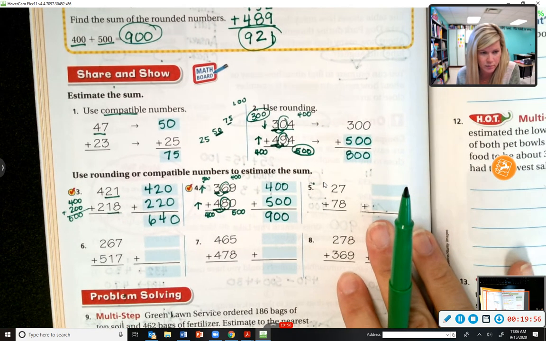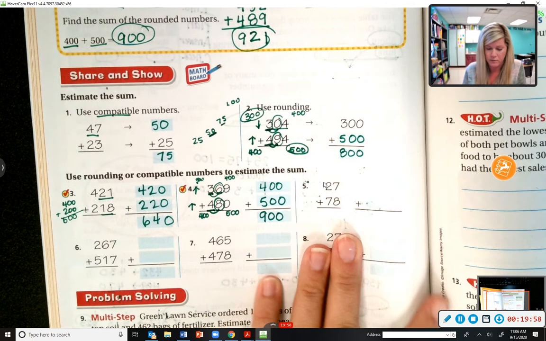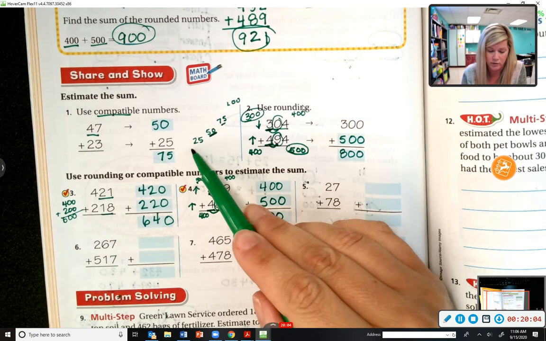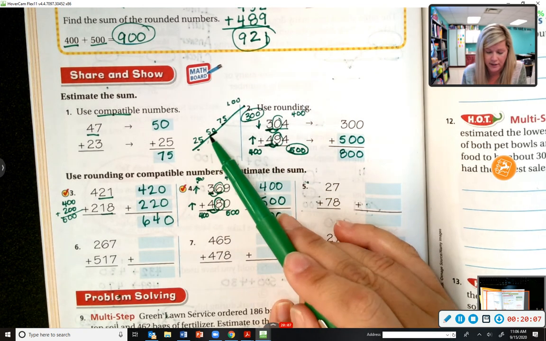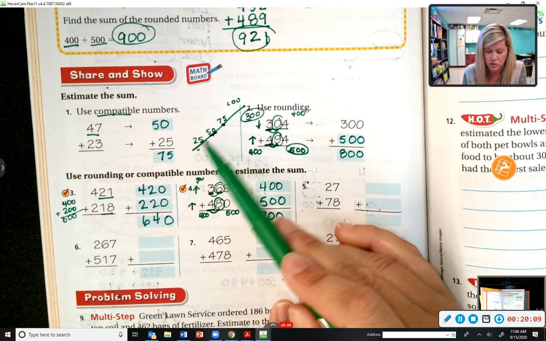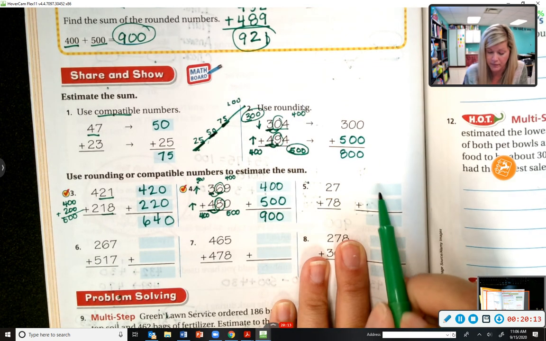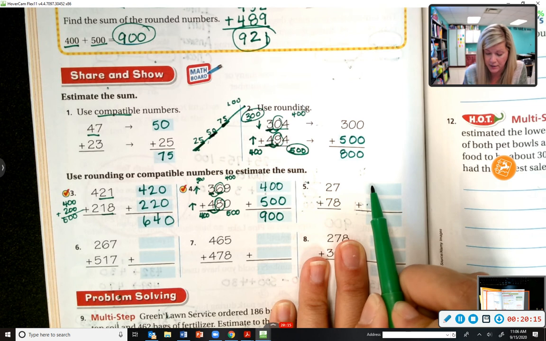Okay, let's do a couple more. 27 and 78. I'm thinking of money already because like we went over up here, 25, 50, 75, $1. Those are all compatible because they are easy to make 100.